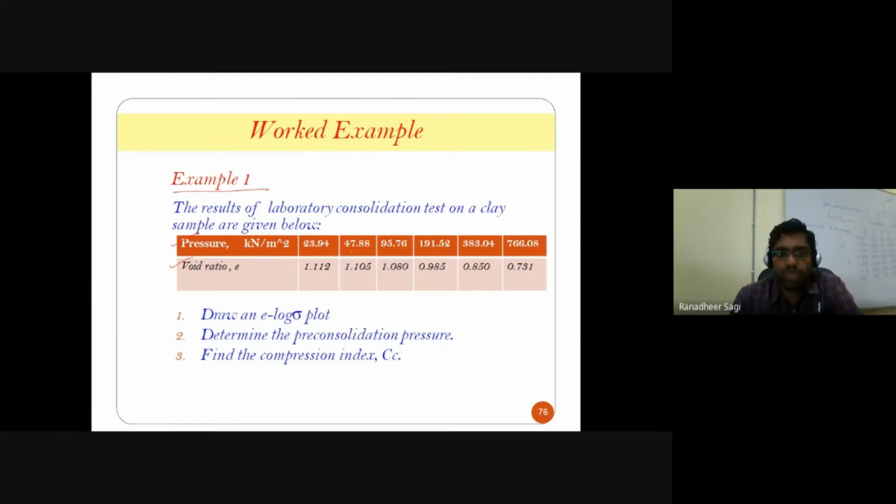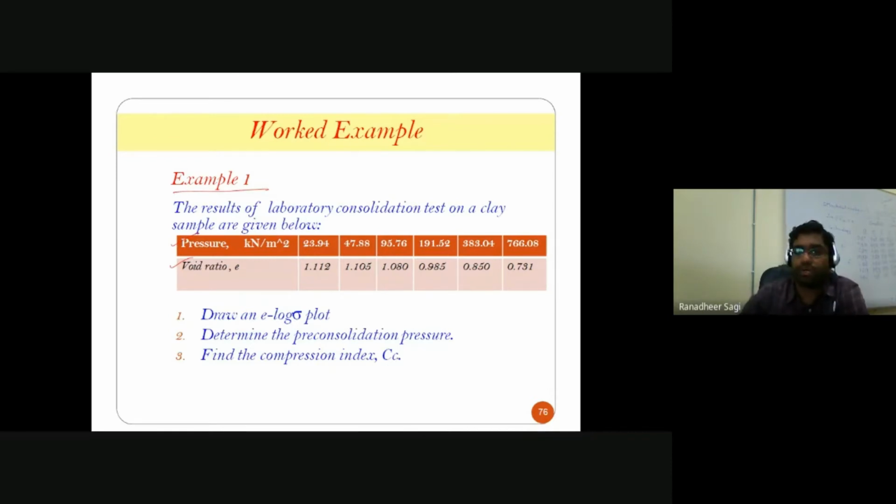Likewise, when this much pressure is applied, the corresponding void ratio is 1.105, and so on. For different stress values induced in the soil, you have the corresponding void ratio. What you are asked is to draw a plot between e versus log sigma dash. Next, determine the pre-consolidation pressure and find the compression index, that is Cc.